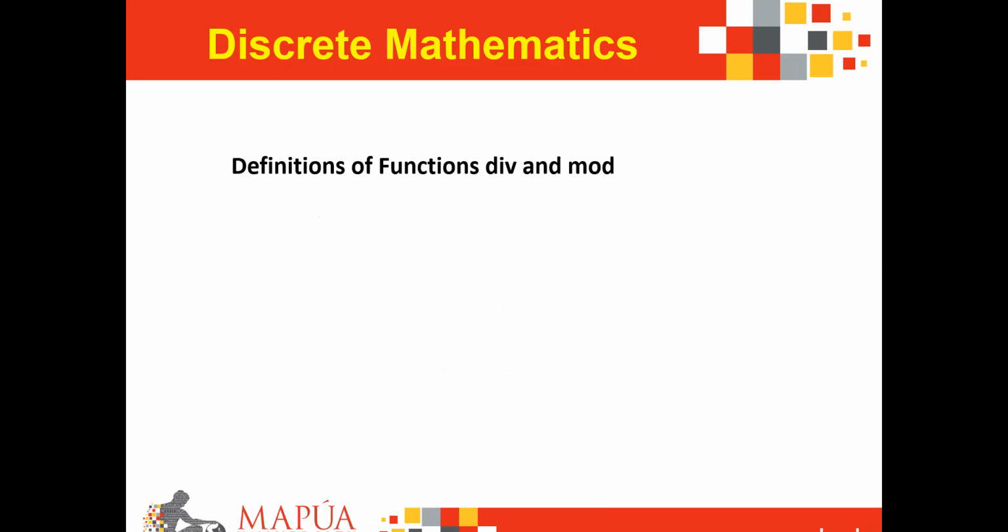There are different definitions then of your division function and your modular division function as expressed in the given textbook. Your q is equivalent to a div d, or a divided by d, while your r is equivalent to a mod d.